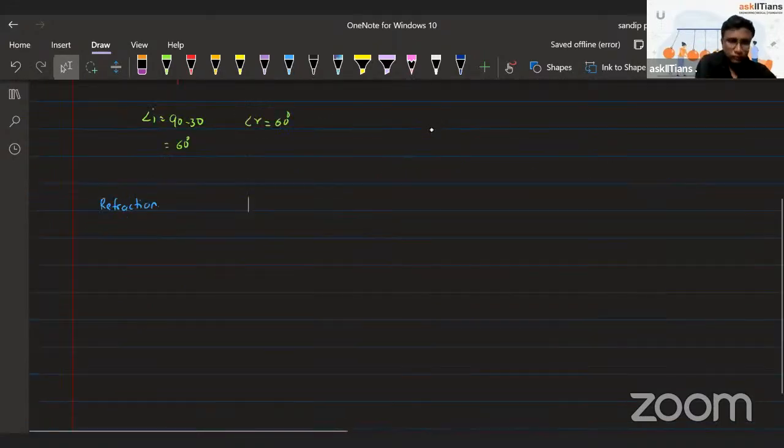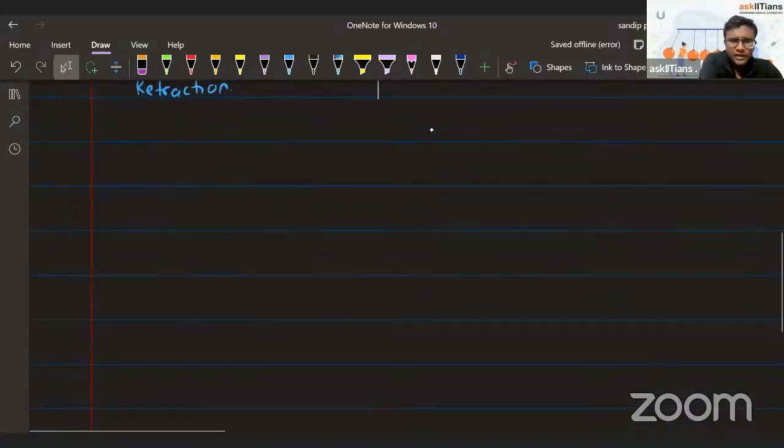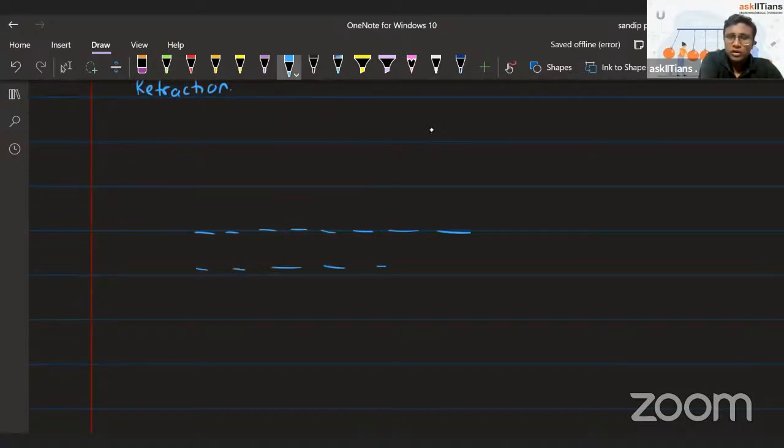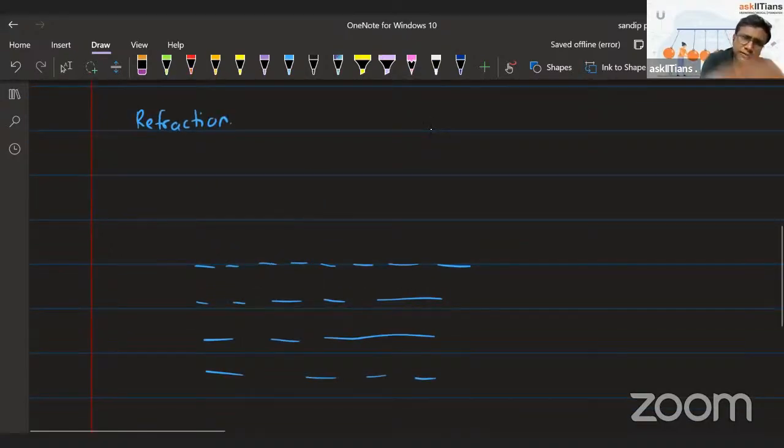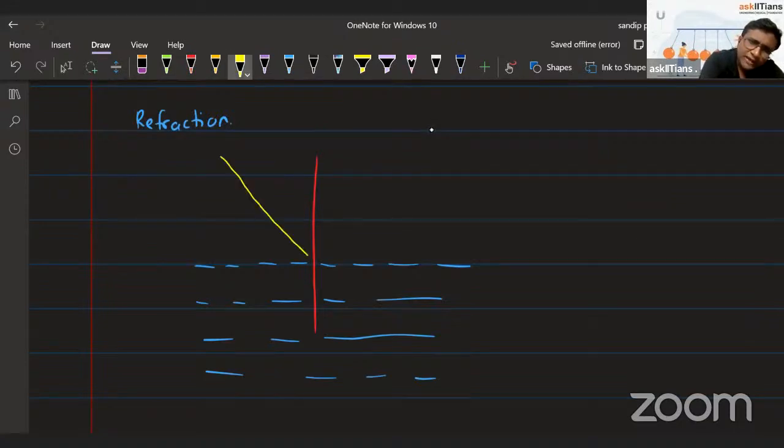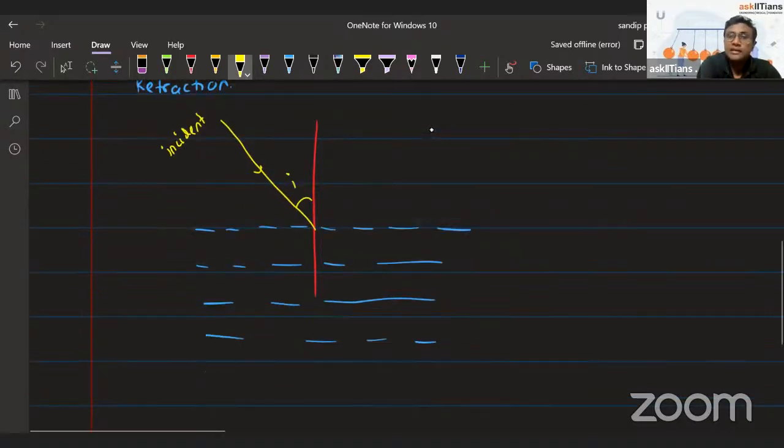Right? So take the example of water. This we can call the incident ray, with angle I as before.